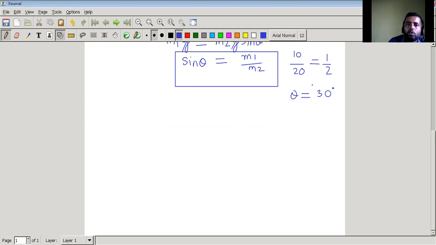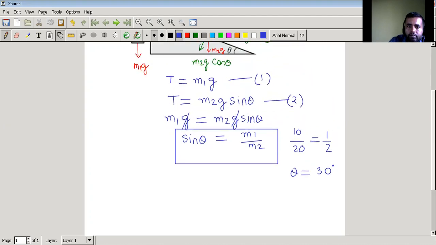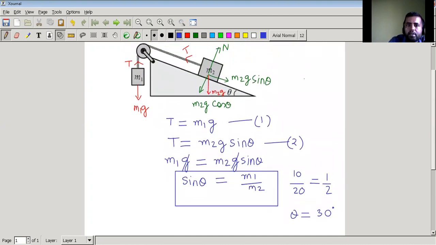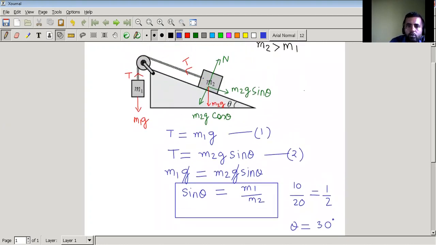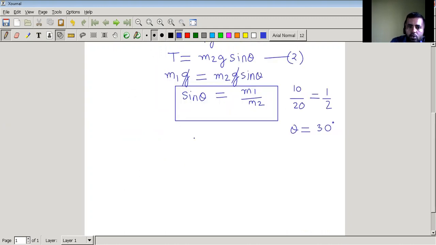In this condition, when this force is equal to this force, we don't need friction. So friction is zero in this case. Let us say this is case one.